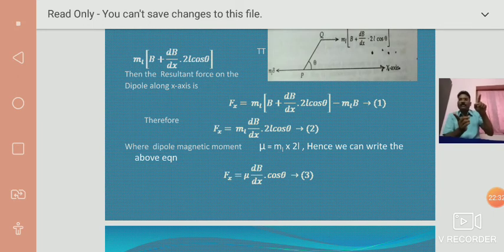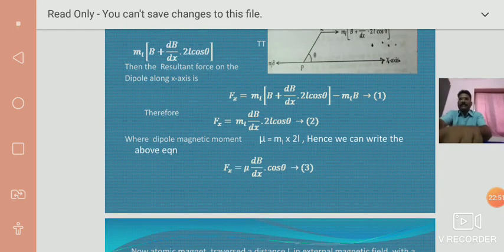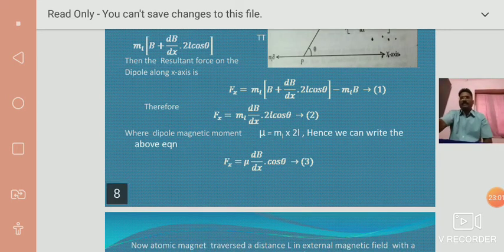Mu is equal to ml into 2l. 2l is the length of the magnet, ml is the pole strength of the magnet. Hence, we can write the above equation as Fx is equal to ml 2l dB by dx cos theta. ml 2l means mu. Therefore, Fx is equal to mu into dB by dx cos theta, equation 3.